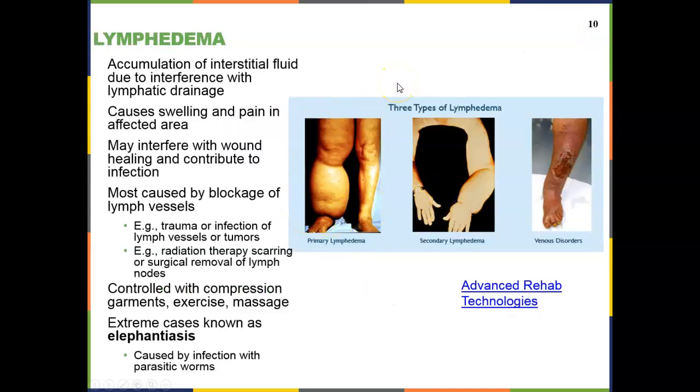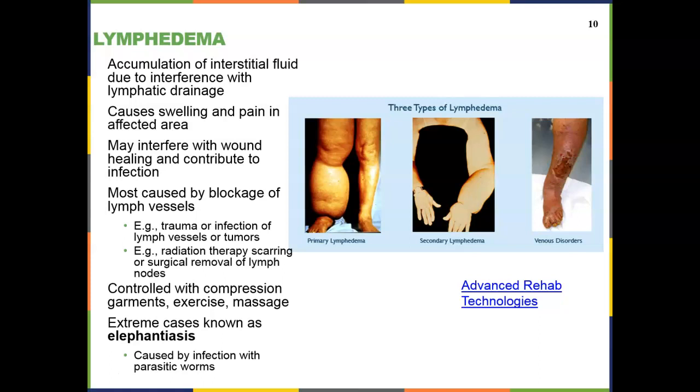So there are certain disorders associated with the lymphatic vessels, and one of those disorders is called lymphedema. Lymphedema is an accumulation of interstitial fluids, typically associated with damage to lymphatic vessels.